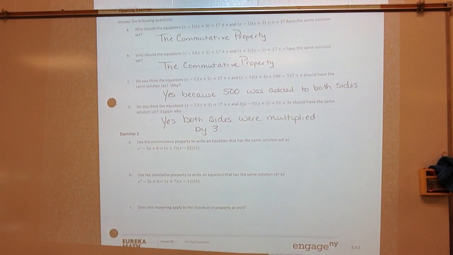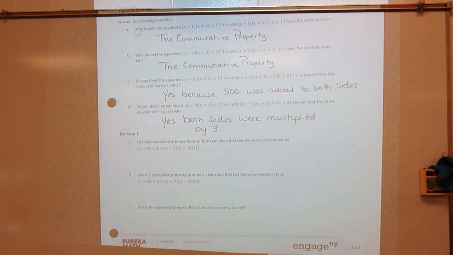Alright? Exercise 1. Use the commutative property to write an equation that has the same solution set as x² − 3x + 4 = (x + 7)(x − 12) · 5. Well, what can I do?